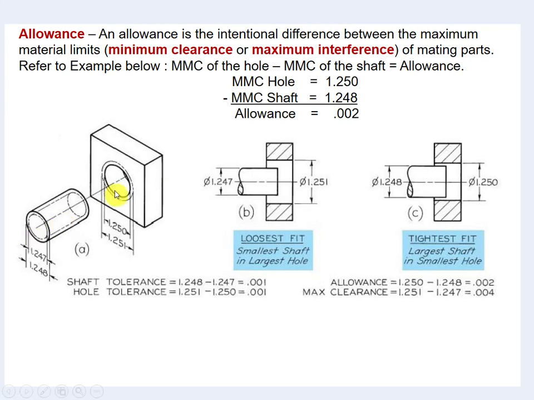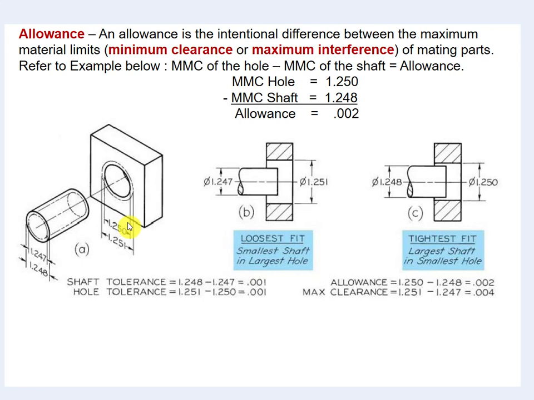This is the shaft, guys. This is the hole. Okay, now regarding the hole, see this body with the hole. The largest hole is 1.251. The smallest hole is 1.250. Which is heaviest, the largest hole or the smallest hole? The smallest hole, the opposite.